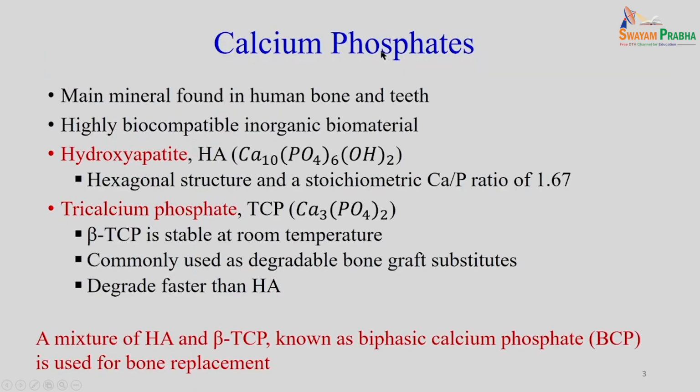So, calcium phosphate, as the name suggests, will have calcium as well as the phosphate, and this calcium phosphate is the main mineral component of the human bone and the teeth, and it is a highly biocompatible inorganic biomaterial.